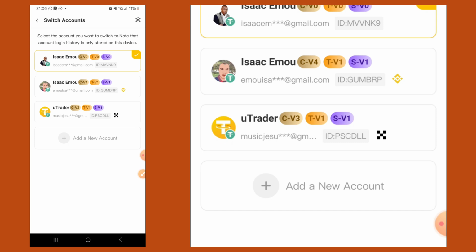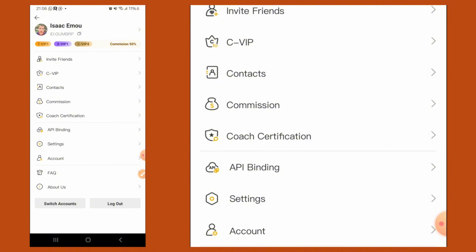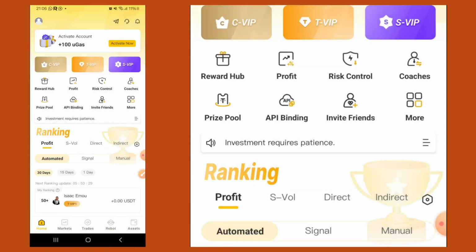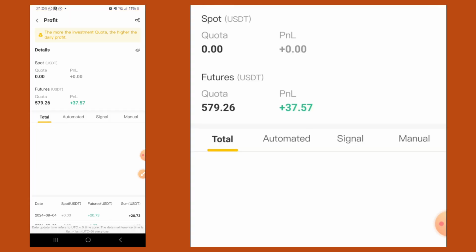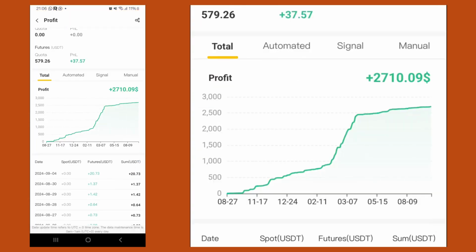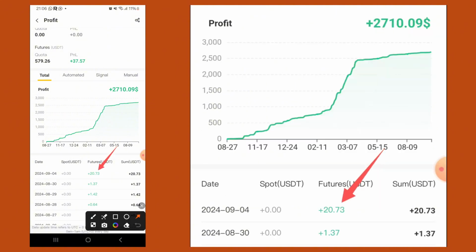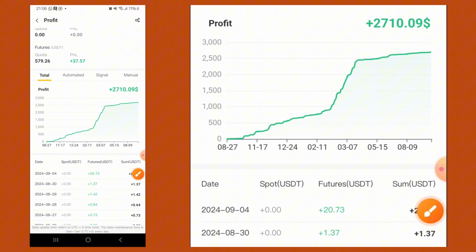All these are my accounts, by the way, and this is today's trade. Some people are saying you're not showing us your results. So if I click on profits, you can see that today I just made $20.7, and I told you how we got this.